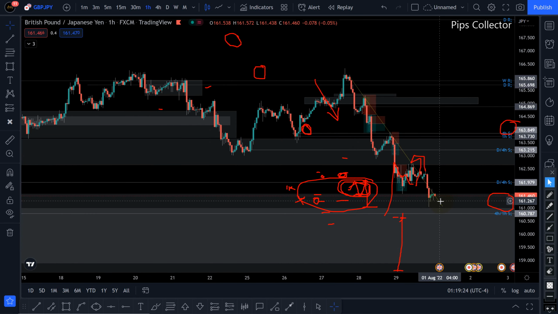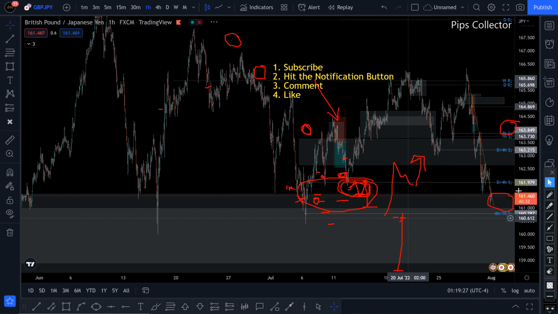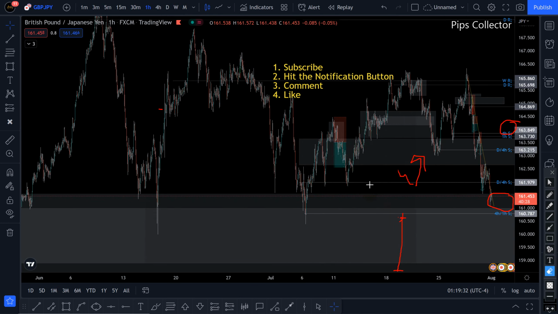Why I said no sell is because if you look at this, whenever price got into this level, you see this strong reaction. First time, second time, what do you expect? The first time it even dipped deeper than the second time.